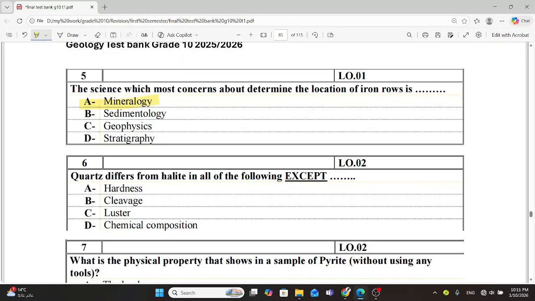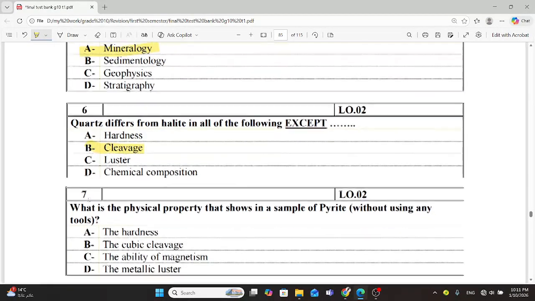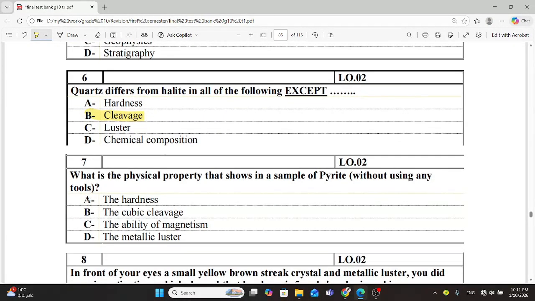Quartz differs from halite in all of the following except... What is the physical property that shows pyrite without using any tools?